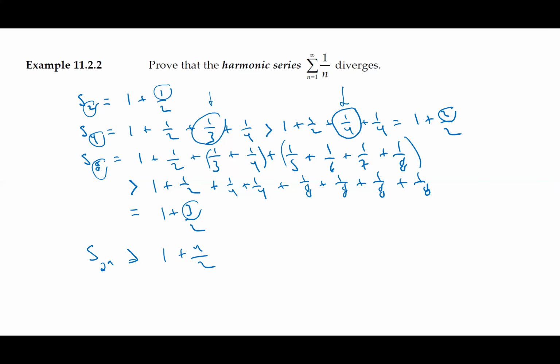And so this clearly diverges. If you're adding something greater than 1 over and over and over again, you're going to get an infinitely large number. All right? So the harmonic series diverges.